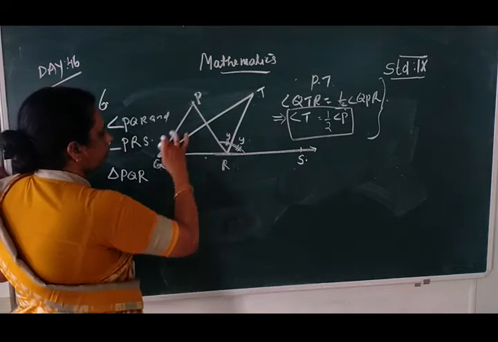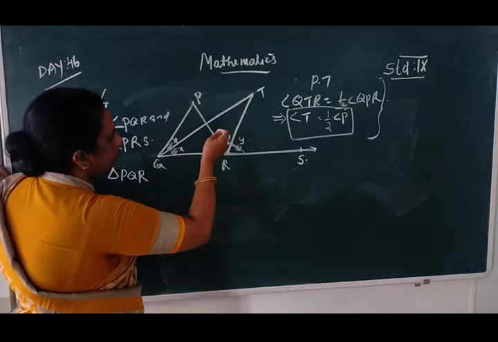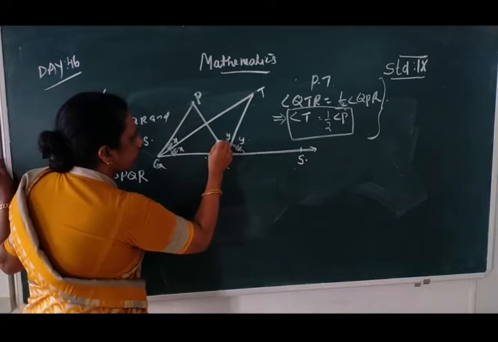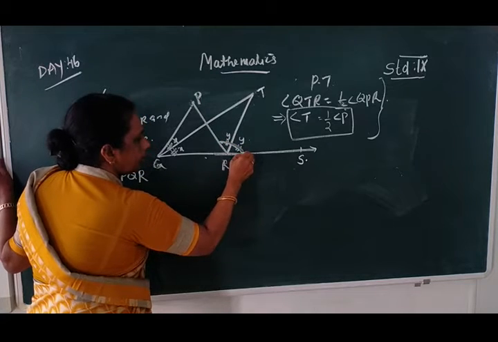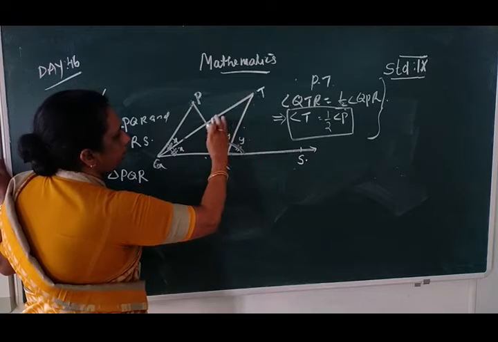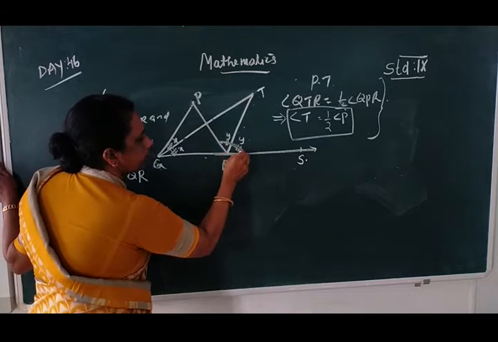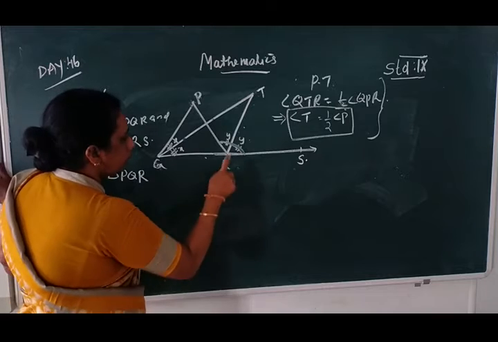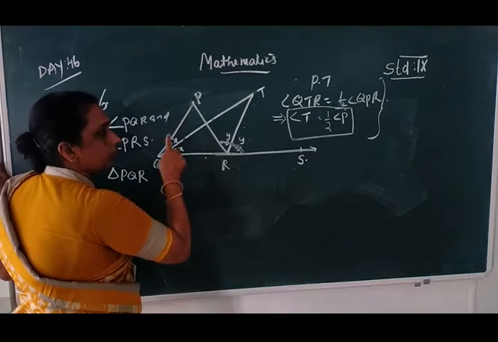Only remember triangle PQR, all these other things you have to forget. In triangle PQR, these two lines removed, we get this. This is the exterior angle. Then this exterior angle is equal to the sum of its interior opposite angles.